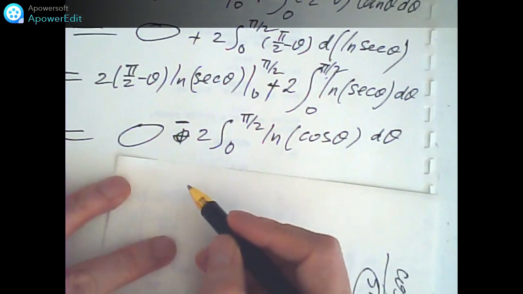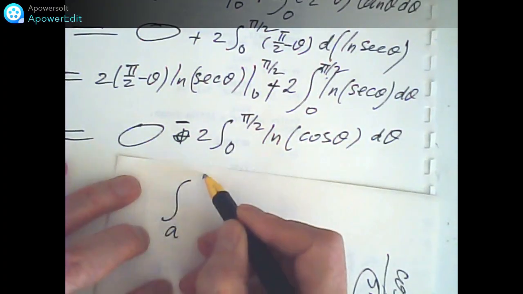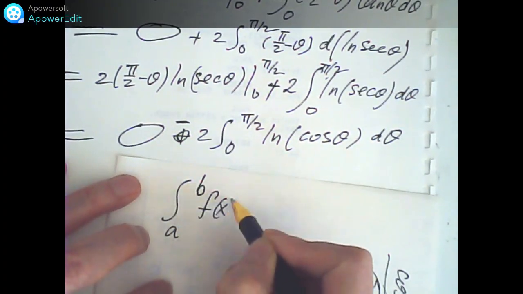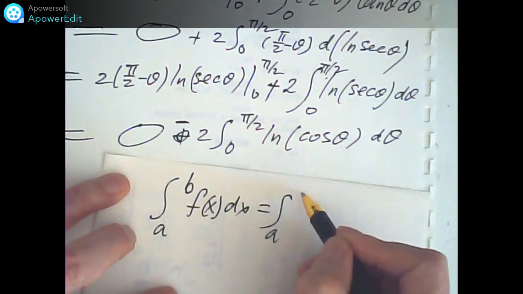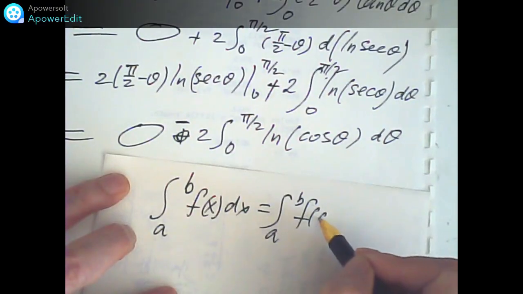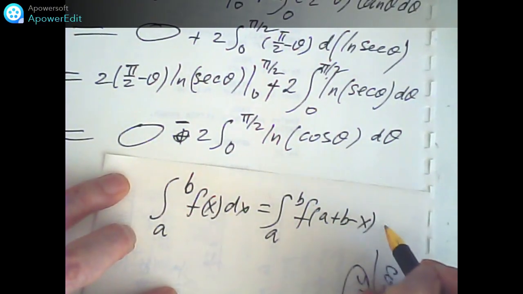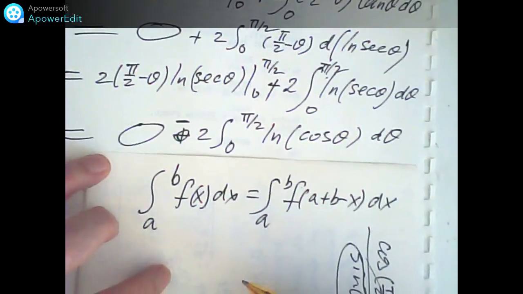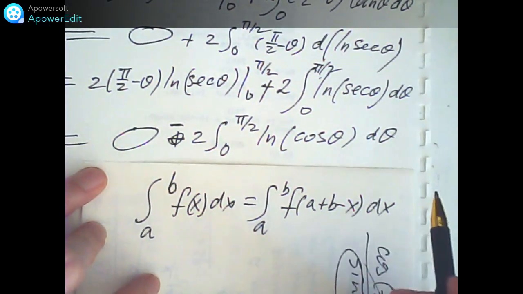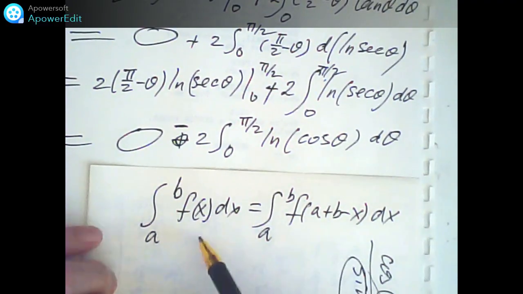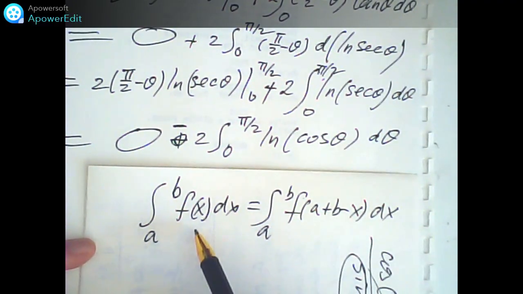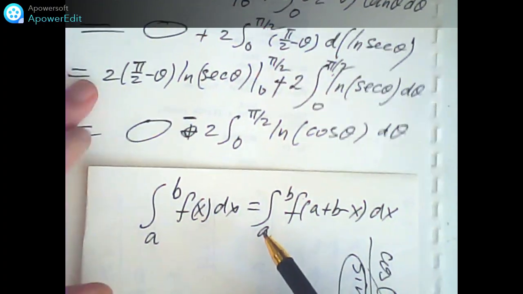Now also we have a formula for this. The integral from a to b of f of x dx is equal to the integral from a to b of f of a plus b minus x dx. If you know this formula, very good. If you haven't seen it, you can prove it very easily by substitution. They are equal, so I'm using this property.